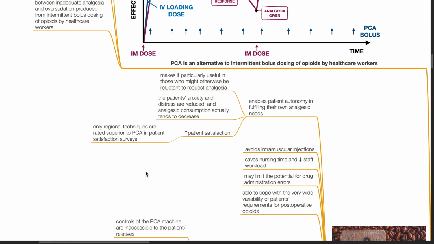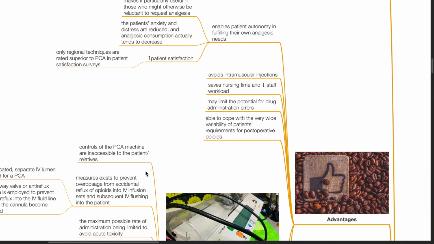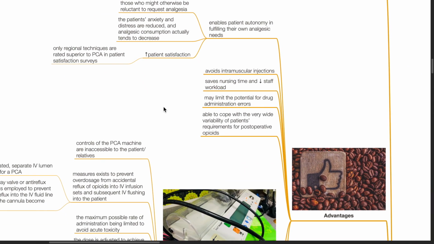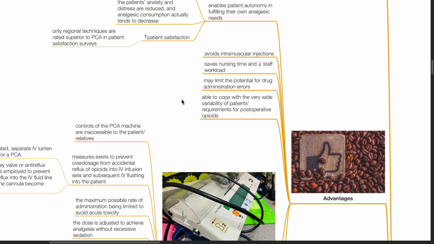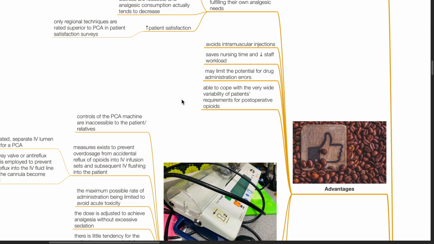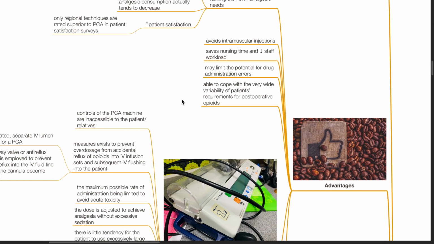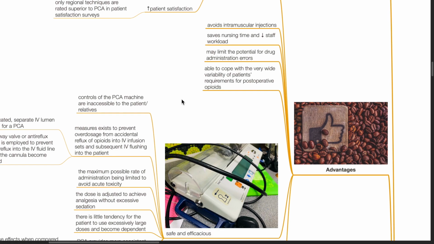Only regional techniques are rated superior to PCA in patient satisfaction surveys. PCAs avoid intramuscular injections, save nursing time and reduce staff workload. It may limit the potential for drug administration errors, and PCAs are able to cope with the wide variability of patients' requirements for post-operative opioids.